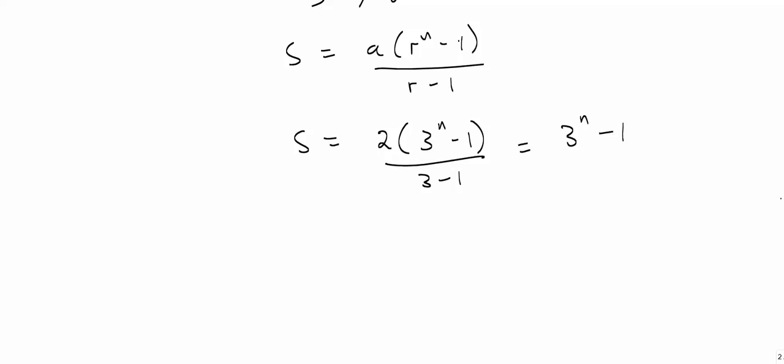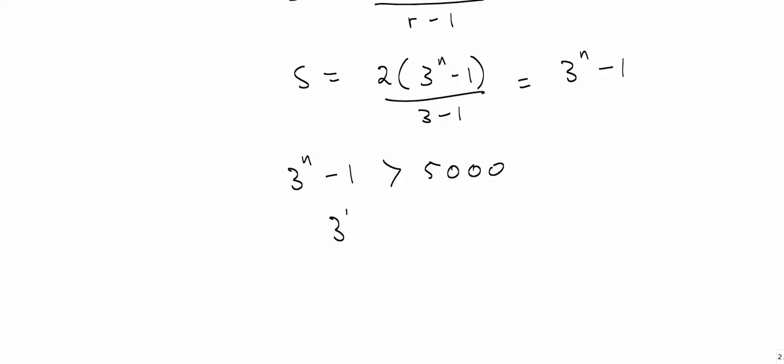And S is greater than 5,000, so 3 to the n minus 1 is greater than 5,000. And therefore 3 to the n is greater than 5,001.